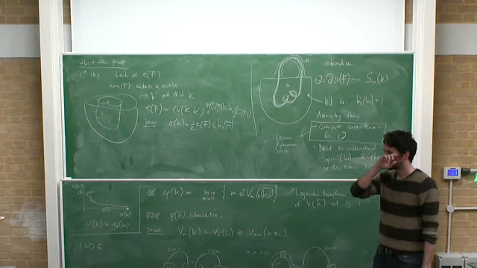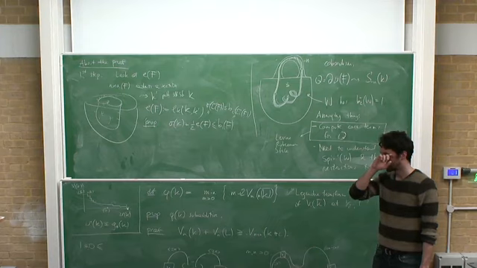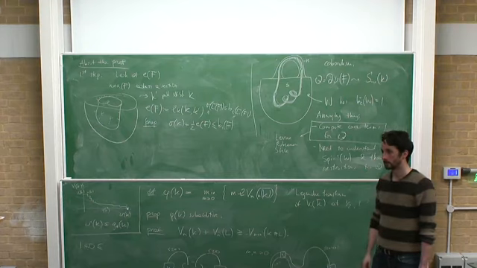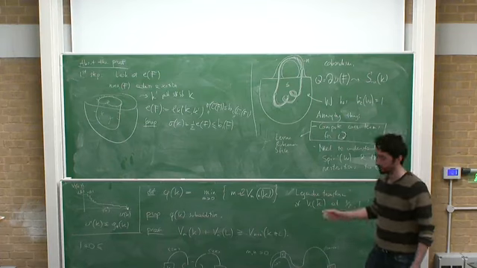And what's the constant? That's epsilon of T_{m,n+1}, or n plus 1. So yeah, I don't know what it is.